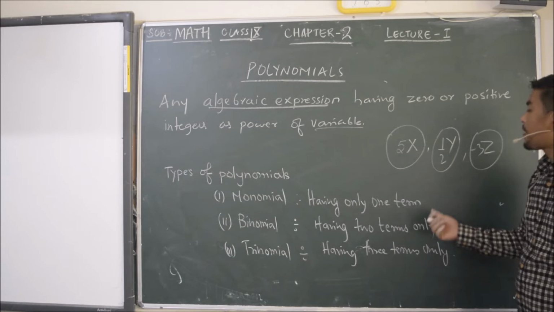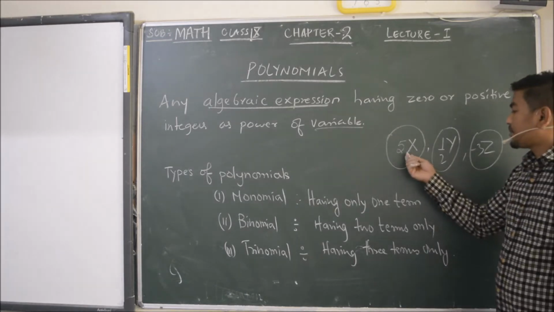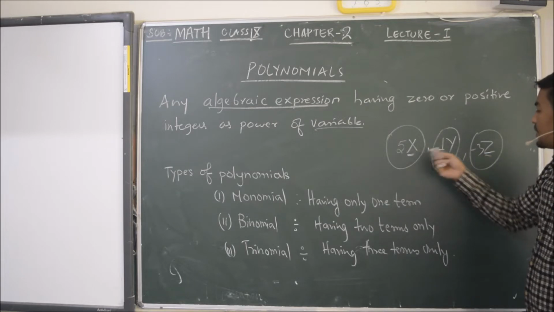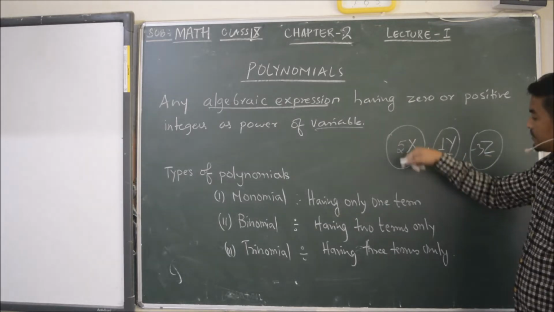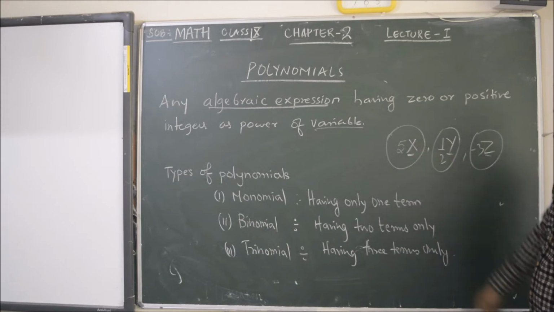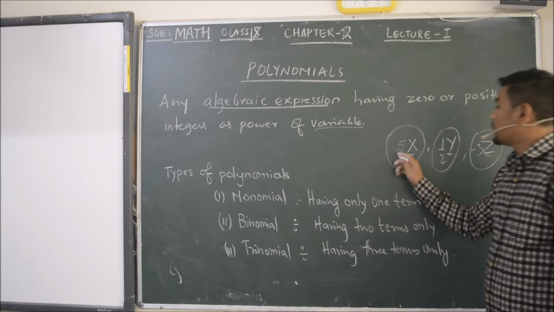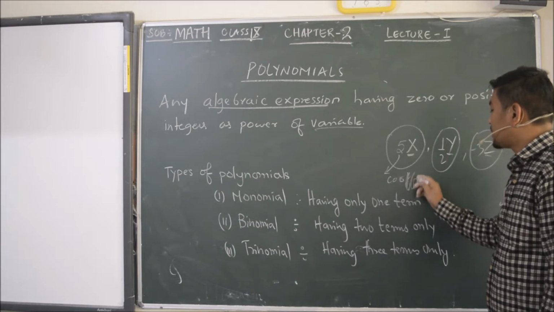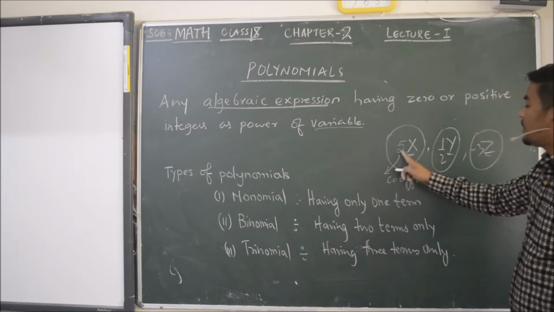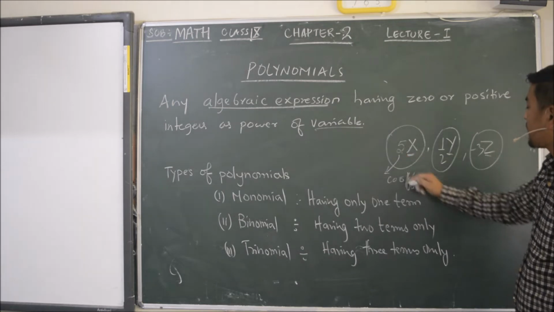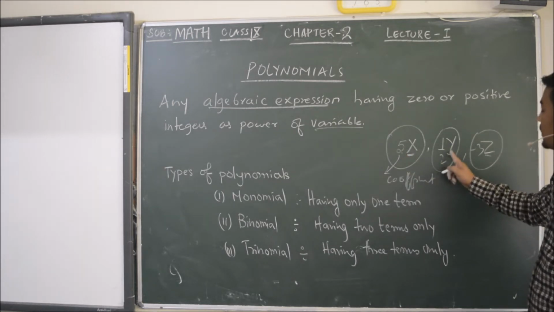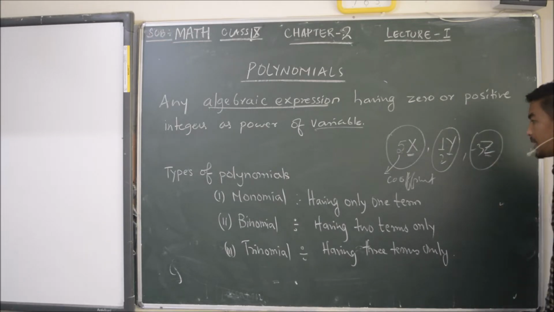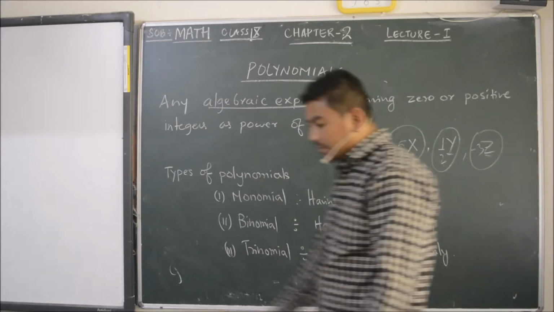But one thing is common here: x, y, and z are variables, and the number which appears before a variable is called a coefficient. You just remember, guys, they are called coefficients. Here 5 is the coefficient of x, 1 by 2 is the coefficient of y, and minus 3 is the coefficient of z. So these are algebraic expressions.